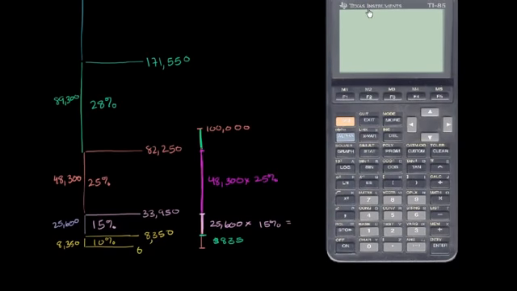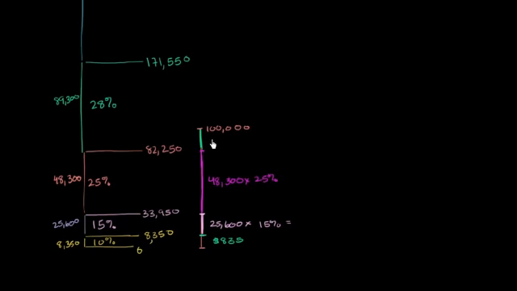So the difference between $100,000 and $82,250: $100,000 minus $82,250 is $17,750. So it is 17,750 times 28%.